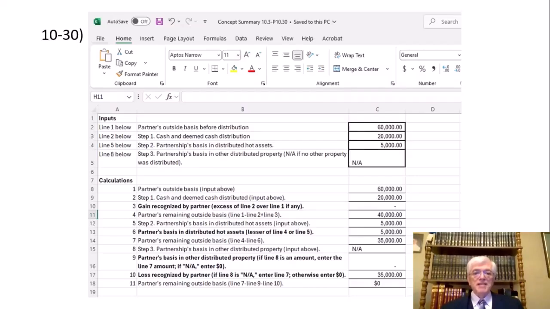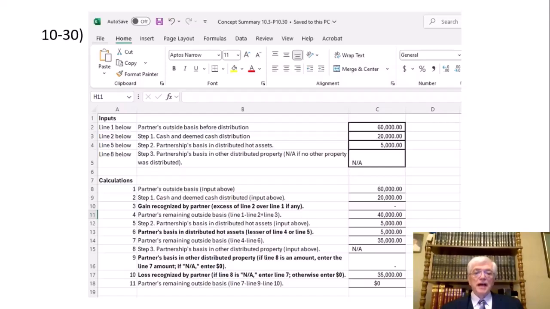So she had an outside basis of $60,000. She got $20,000 in cash and $5,000 in that appreciated inventory. Start with an outside basis of $60,000. Subtract out the cash. No gain recognized because the cash is less than her basis. So she has remaining basis at that point of $40,000.